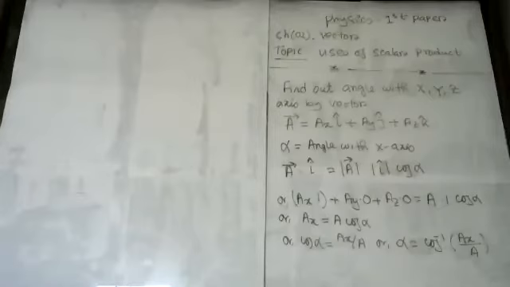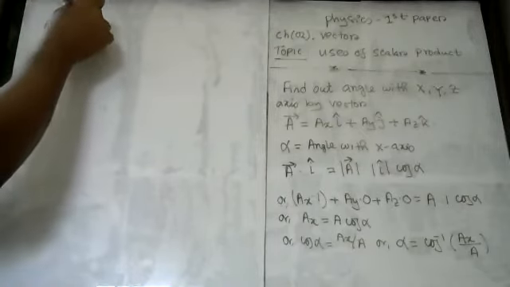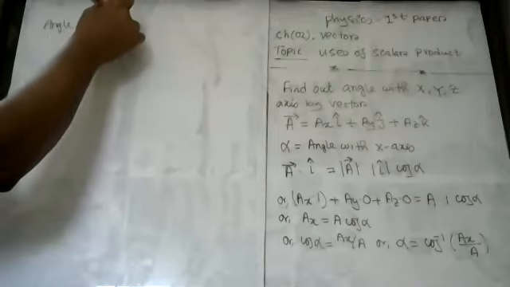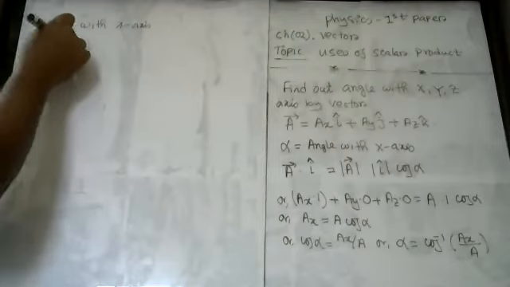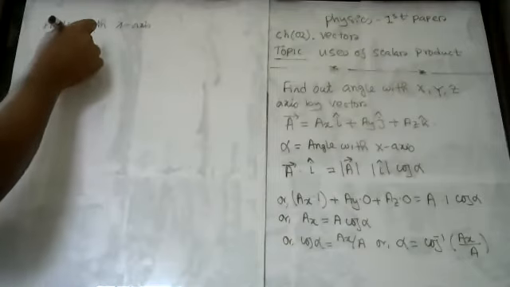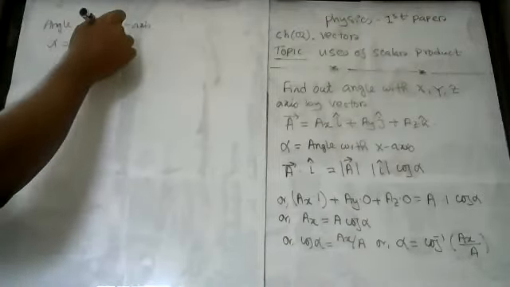Okay. Now, we can say that the angle with x-axis is alpha equals cos inverse of ax divided by a.